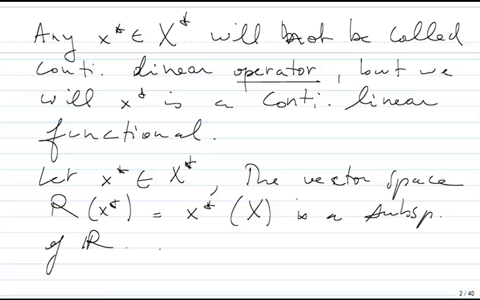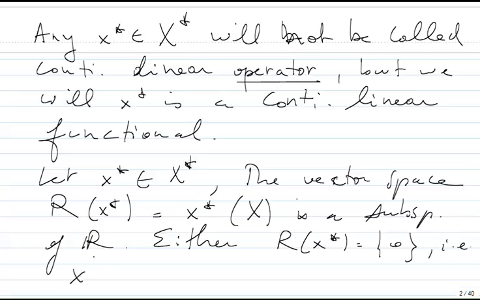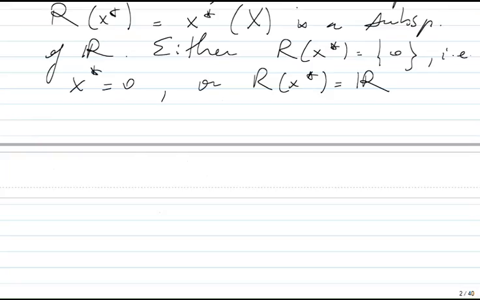So we have two cases. Either the range is 0, which means that x star is 0, or the range is R, which means that x star is surjective.